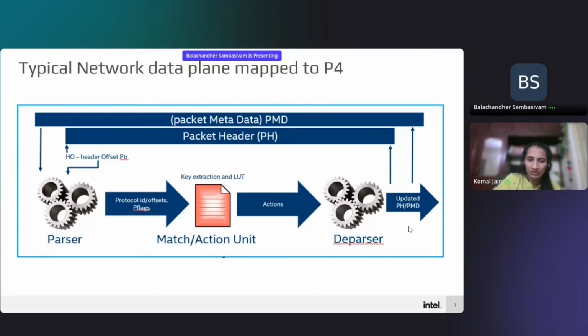The control blocks are nothing but match action units. A table lookup is performed for the specific keys you mentioned in the table, and accordingly the corresponding actions are executed. Then the packet is forwarded to the deparser, which updates the header and the metadata, and there can also be a recirculation if required, and this is how the packet gets out of the processing pipeline. Next slide.